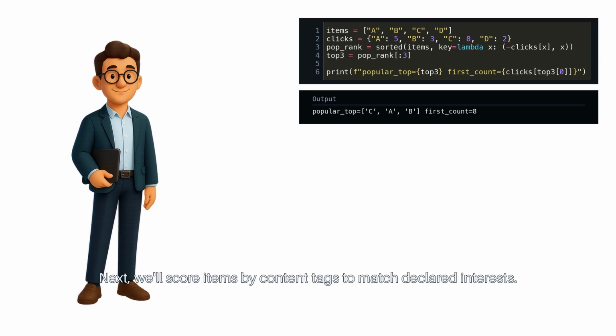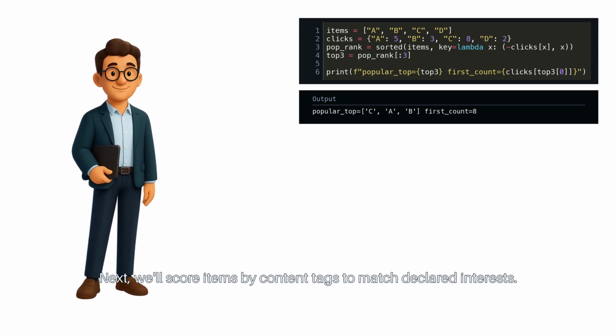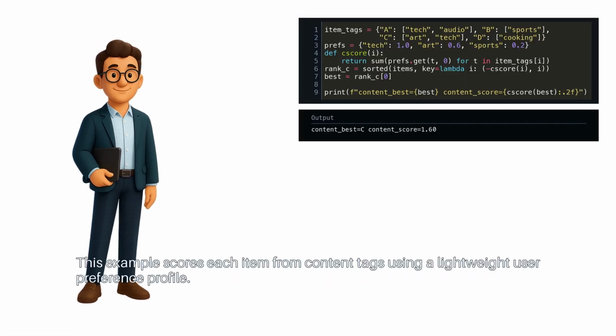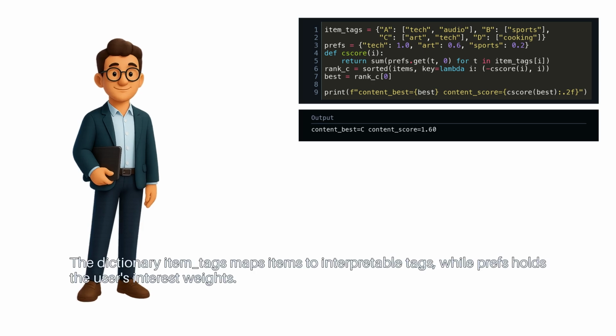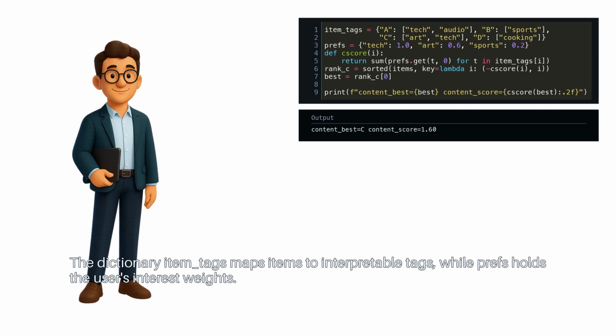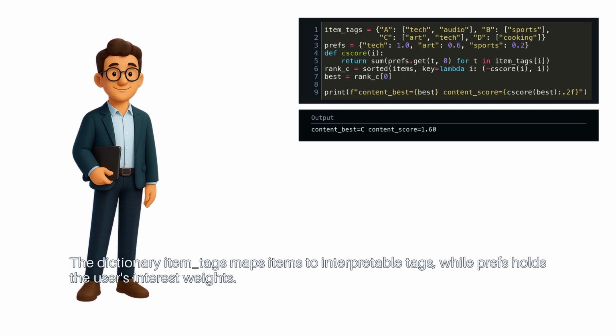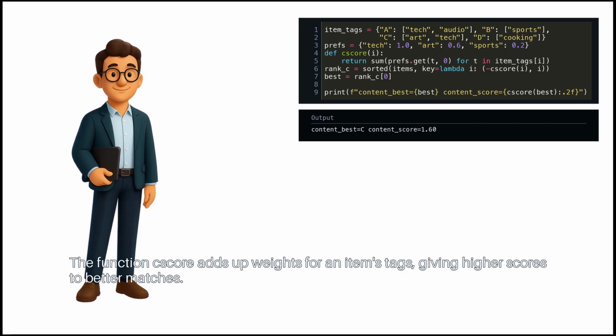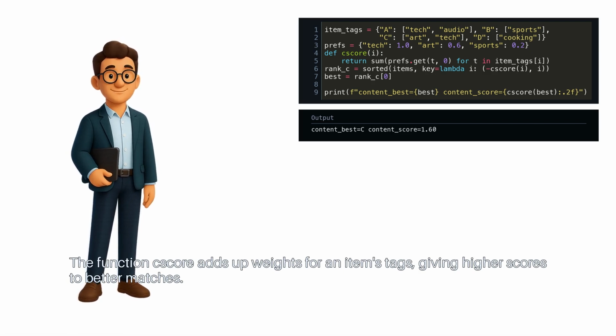Next, we'll score items by content tags to match declared interests. This example scores each item from content tags using a lightweight user preference profile. The dictionary item_tags maps items to interpretable tags, while prefs holds the user's interest weights. The function cscore adds up weights for an item's tags, giving higher scores to better matches.